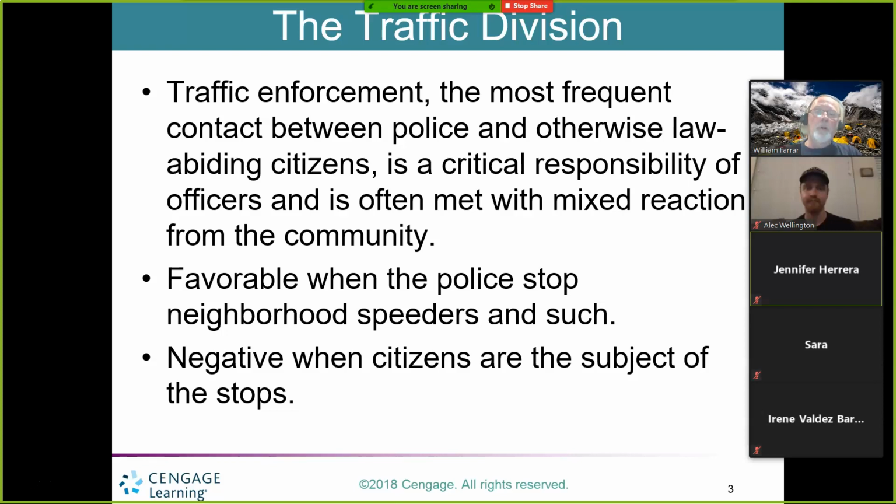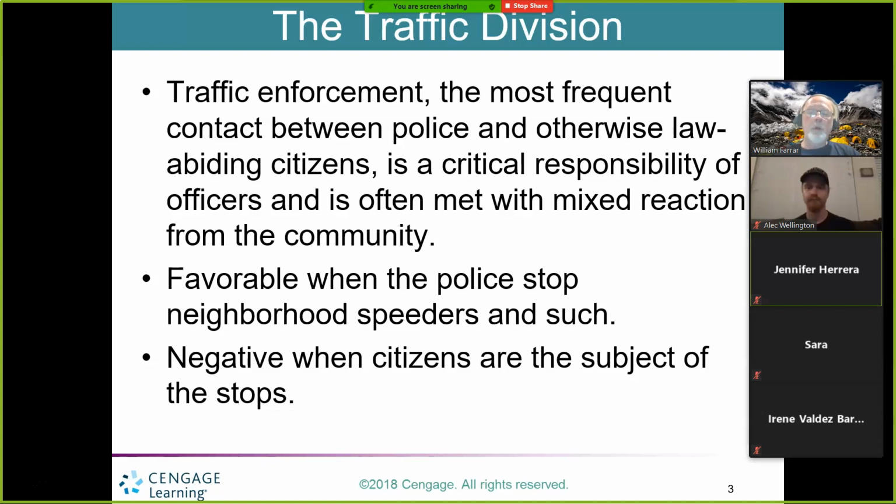Just remember that traffic enforcement really is the most frequent contact between police and otherwise law-abiding citizens. So it really is important that you establish a good rapport with people when you're working traffic.